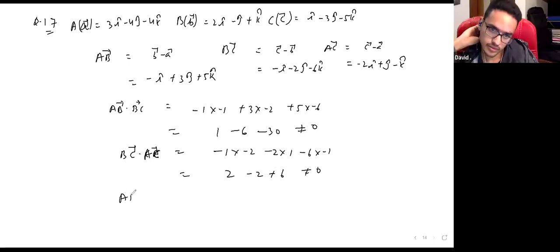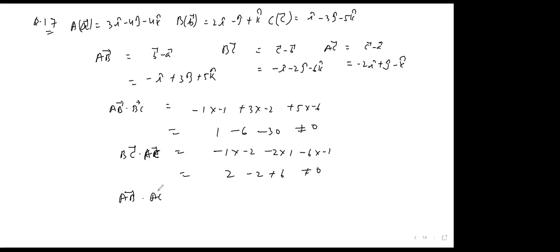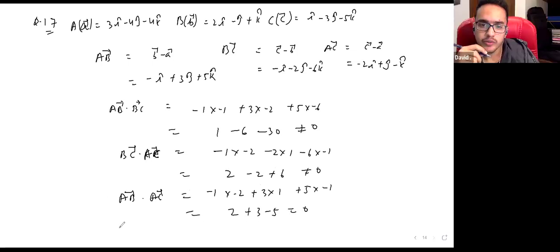No, sir. AB dot AC: minus 1, minus 2, plus 3, 1, and plus 5, minus 1. So this is 2 plus 3 minus 5, which is 0.